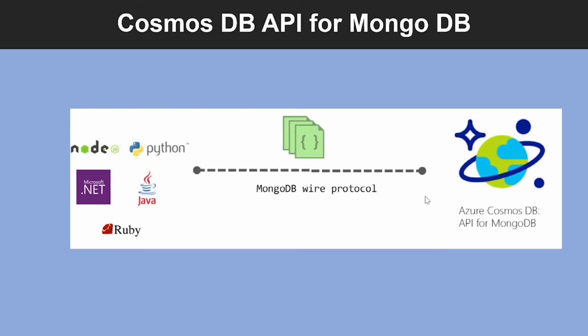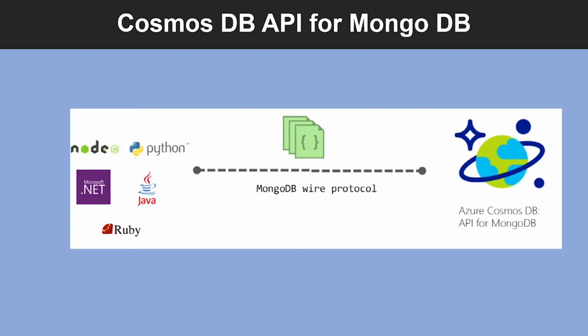Now let's look into the Azure Cosmos DB API for MongoDB. First, let's discuss wire protocol compatibility. Azure Cosmos DB implements wire protocol for common NoSQL databases including Cassandra, MongoDB, Gremlin, and Azure Table Storage. By default, a new account created using the Azure Cosmos DB API for MongoDB is compatible with version 3.6 of the MongoDB wire protocol.